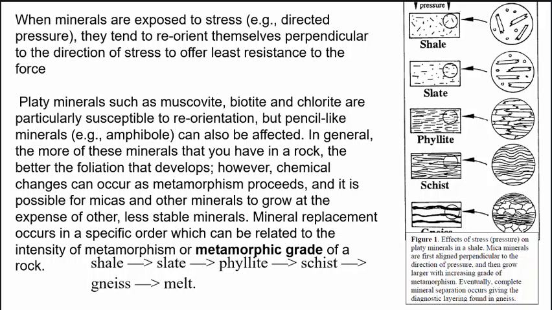The two small minerals came together to form larger minerals, so that there's a growth of minerals. Coarsening took place. So this is how the metamorphic grade increases from the shale, the slate, the phyllite, the schist up to the gneiss.